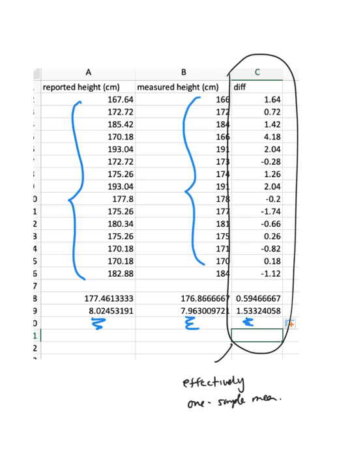At the end of the day, we get x bar, I'll call it x bar diff, right here. It's 0.59, and then I have this standard deviation of the diff. So S diff, 1.53. Those two are the values I'm going to use to perform this hypothesis test. All right, so a few notes and carry on with our computation.